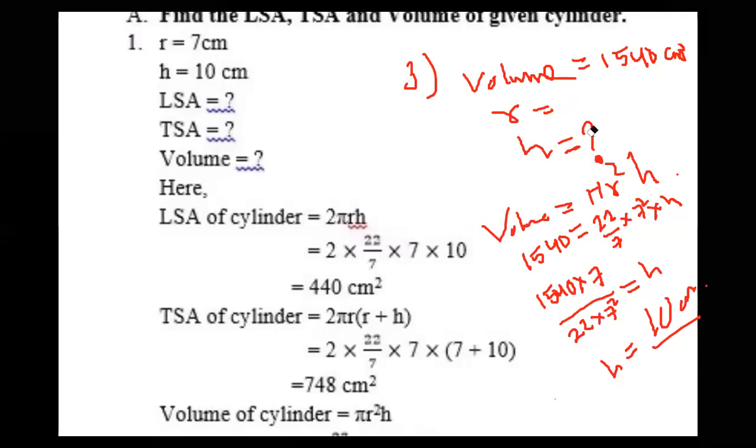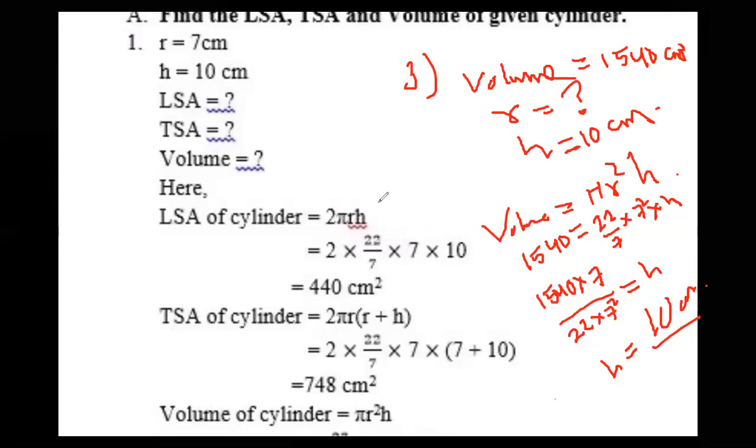Listen, let me change the question a little bit. Suppose radius is not given and height is given 10 centimeter. Now tell me how much will be the answer of this radius?